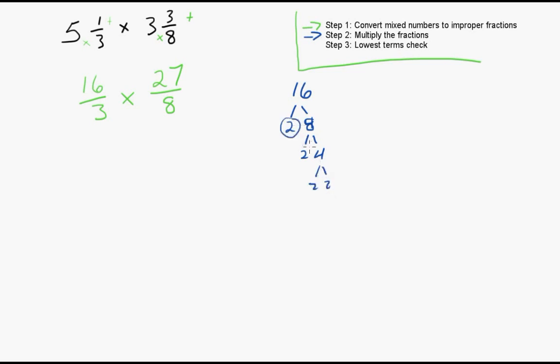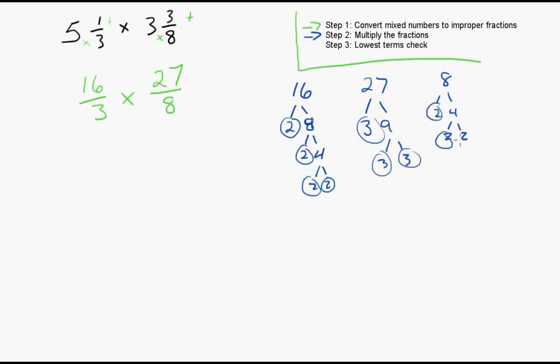And we're just going to circle our prime factors so we remember them. 27 breaks down to 3 times 9, and 9 breaks down into 3 times 3. 8 breaks into 2 times 4 and 2 times 2. And we'll just circle these so we don't forget them.